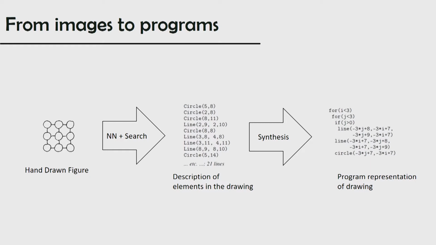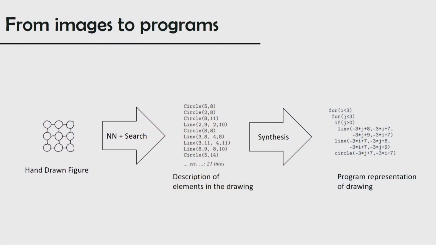This is not yet capturing much of the logic behind the diagram. It's simply recognizing, oh, there's a circle here, there's a circle there, there's a line here, there's a line there. But now that we're in the world of symbols, we can use those symbols to extract some higher level structure. In this case, those symbols become our specification, right? What we're looking for is a program that can generate symbols like the ones that the neural network observed, right?